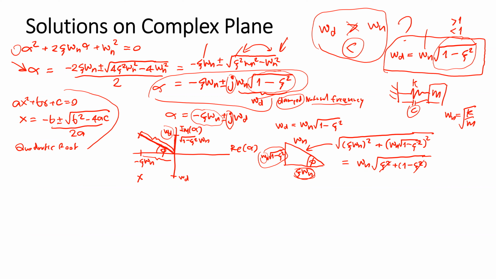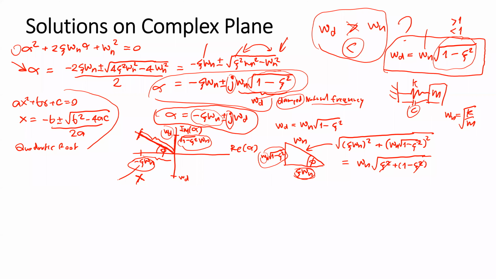What I'm going to introduce here is when we have the root alpha, alpha will have the component in the real part and the component in the complex conjugate, and we mainly talk about the damping ratio psi.